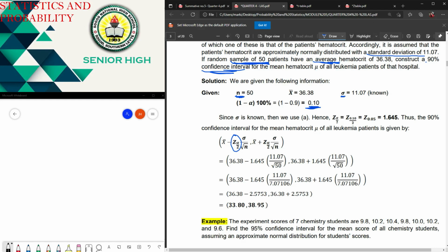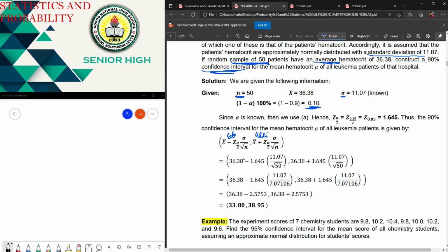It's not 1.28. So the mean of the sample minus z sub alpha over 2, or the two-tailed, multiplied by the standard deviation over the square root of n. As you can see, the difference between the two is that this is subtraction and this is addition, since it is an interval.